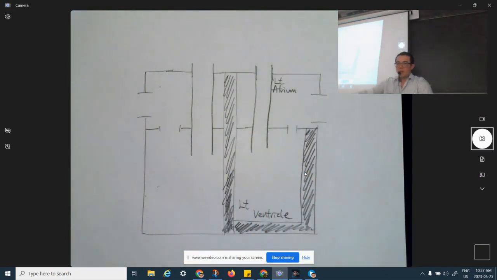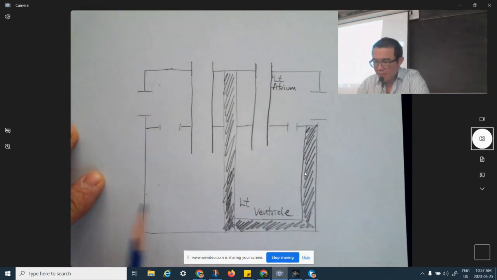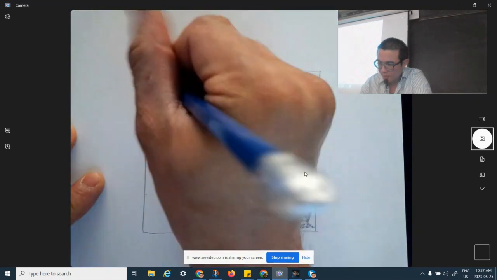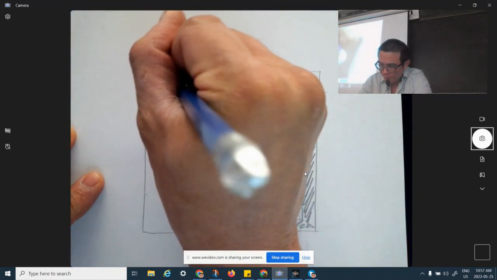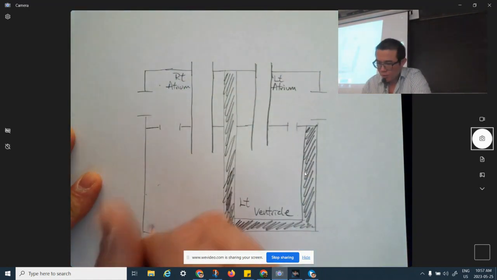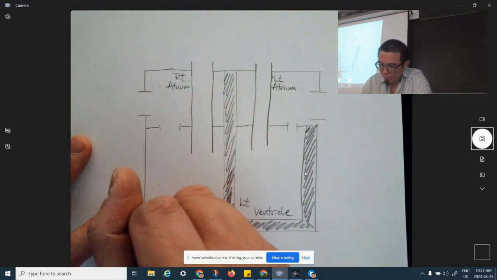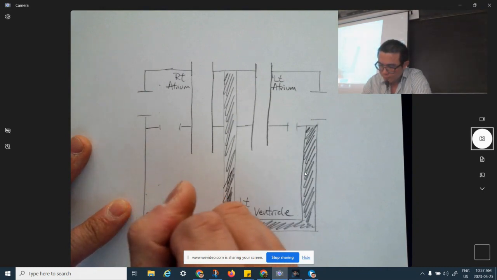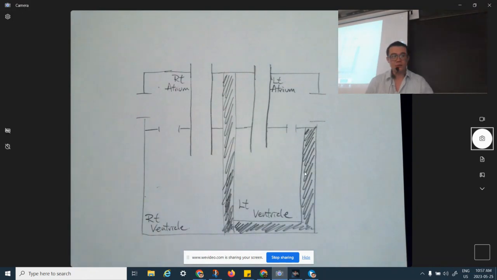All right. On this side here will be the right atrium. Down here, right ventricle. Okay.